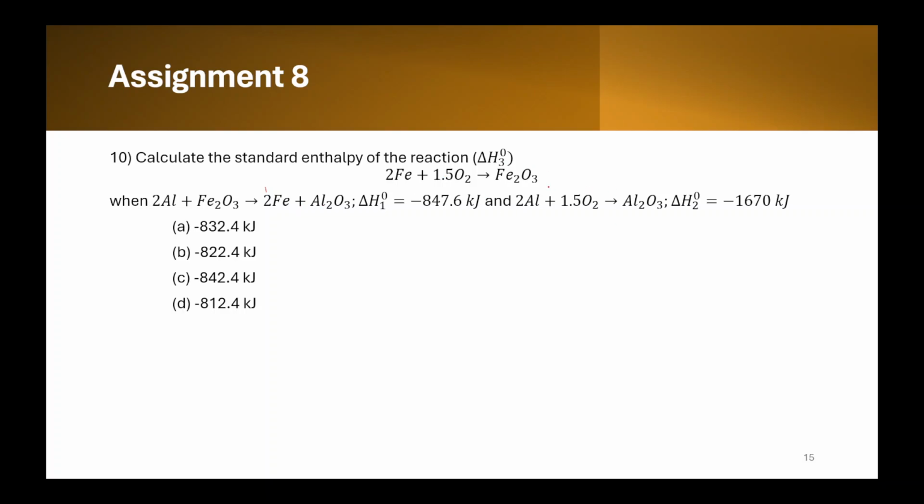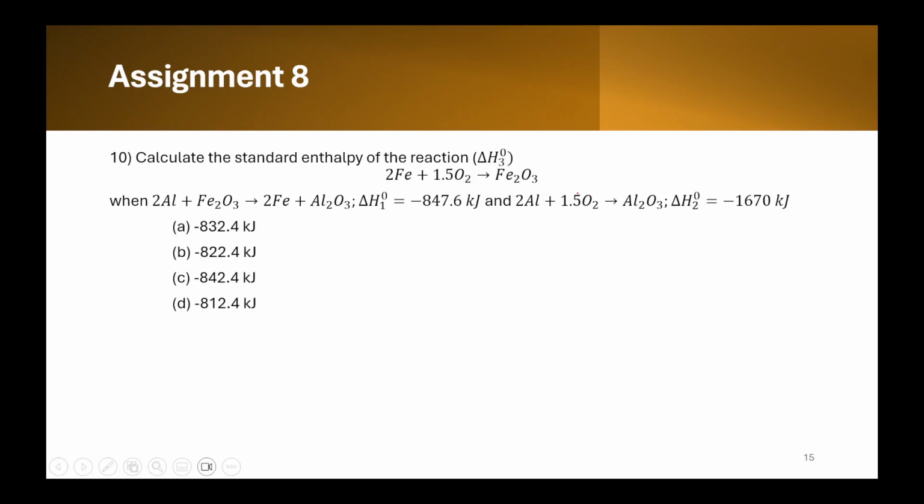So we need Fe2O3 on the reactant side and Fe on the product side. So basically this will be in the negative form, and this will be in the positive form.